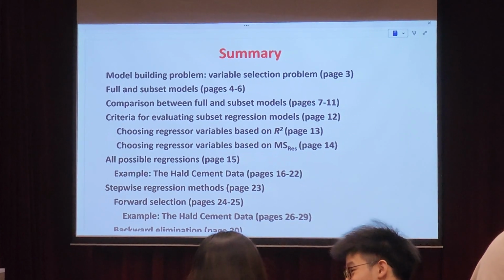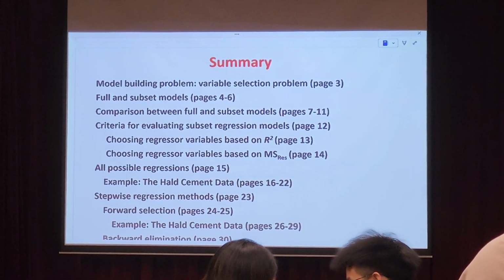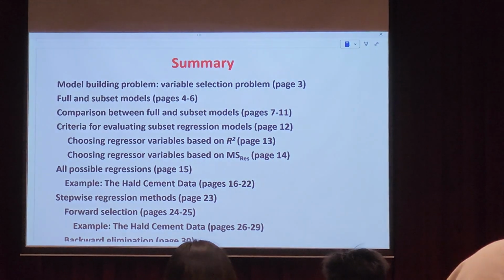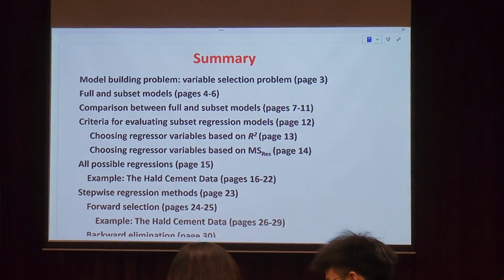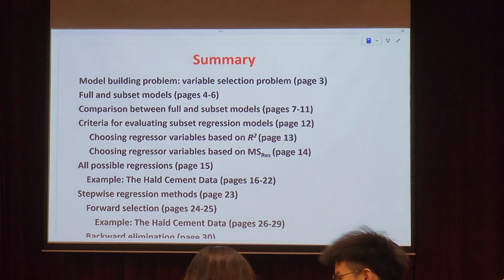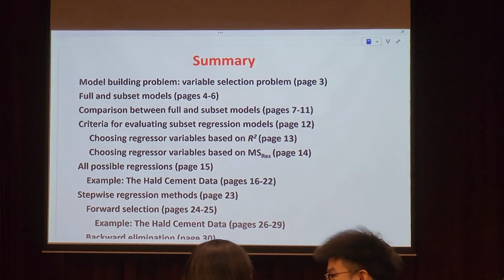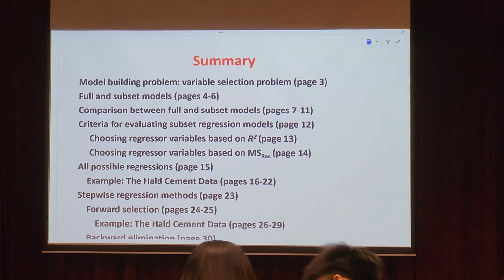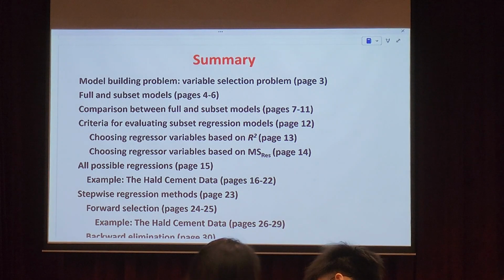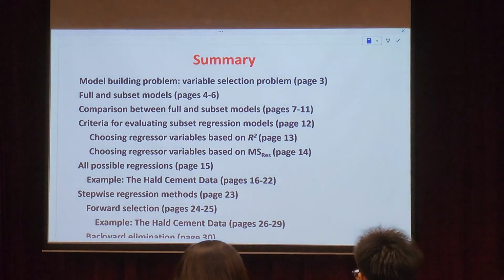They say for subset model, the regression coefficients are biased estimators. So I'm not too worried about that. I think the most important message in full and subset model is that if you have a big model, the predicted value, the fitted value, will have a large variance.